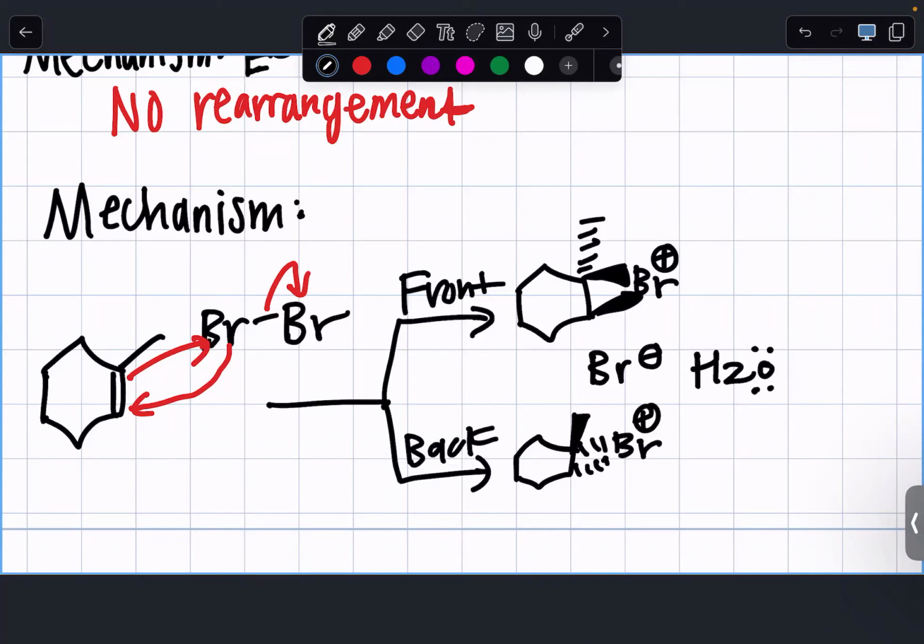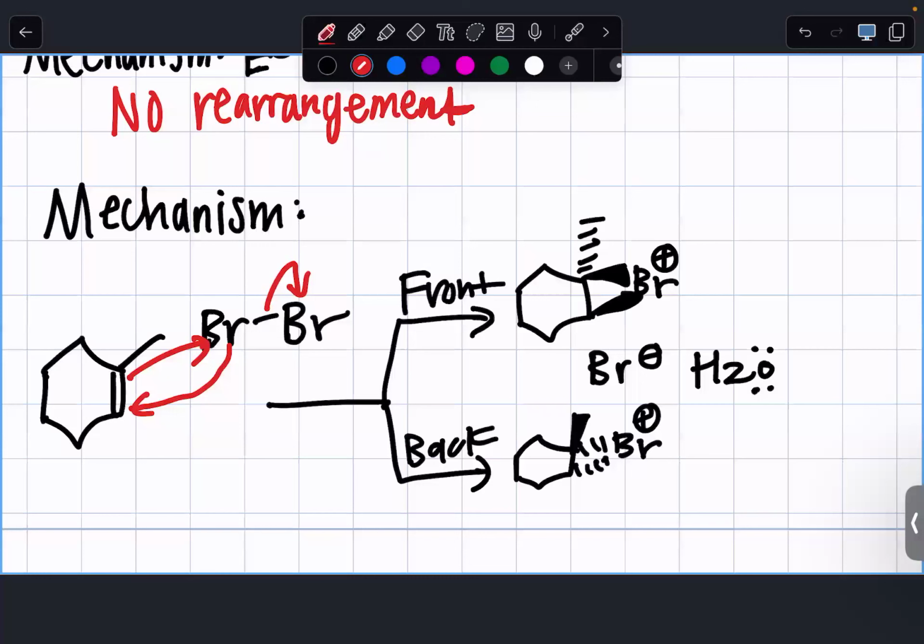But the reason why water is going to be a stronger nucleophile than bromide is because we have 1,000,000 times more water in the solution than bromide. So this is an excess which overpowers the bromine nucleophile, and water will serve as the nucleophile instead, right? Because there's only a little bit of Br minus compared to 1,000,000 times more water. So that's why in nucleophilic solvents, we get a different product.